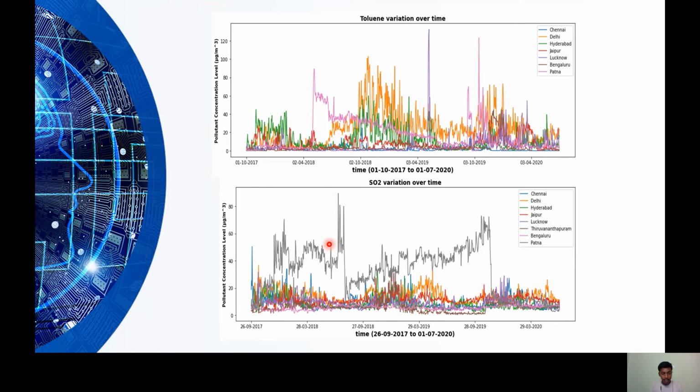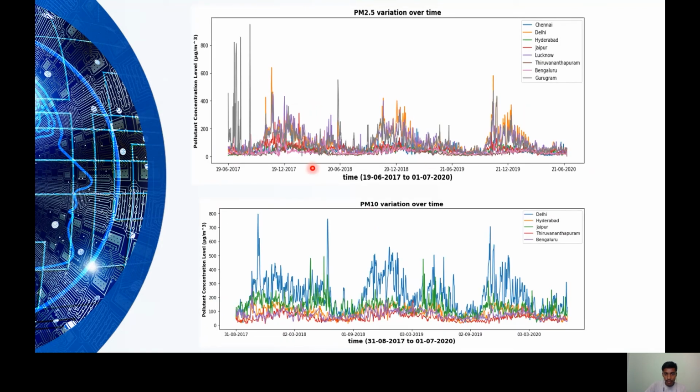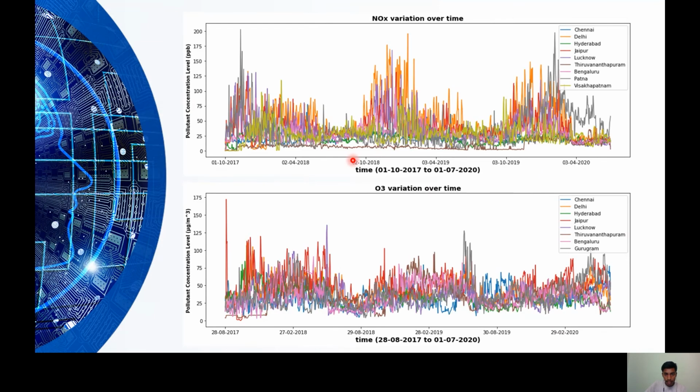Now we can see from the graph that in the winter months, here 10-2017 to 4-2018, the concentration level is high, and in the summer months the concentration level is low, which can be seen in almost all the graphs. Here you can see it too, and similar here.